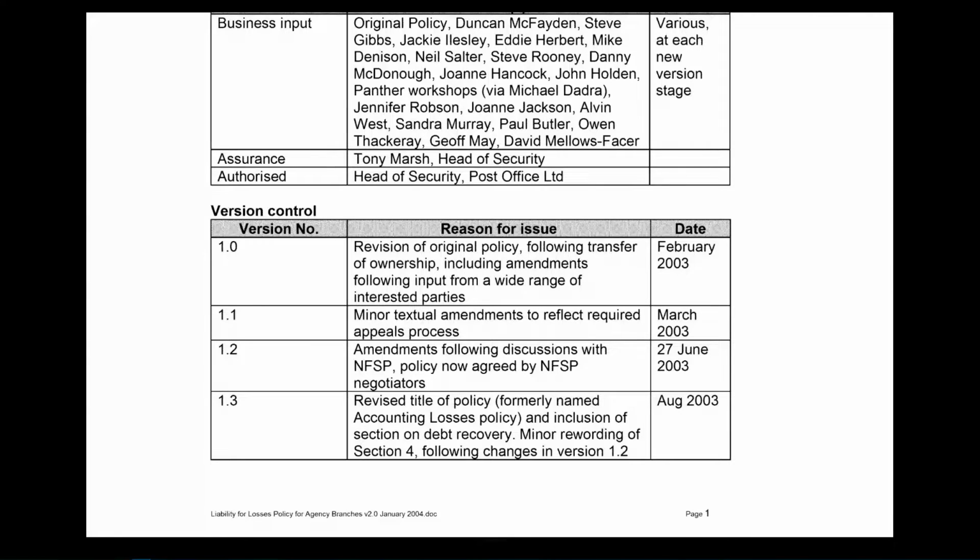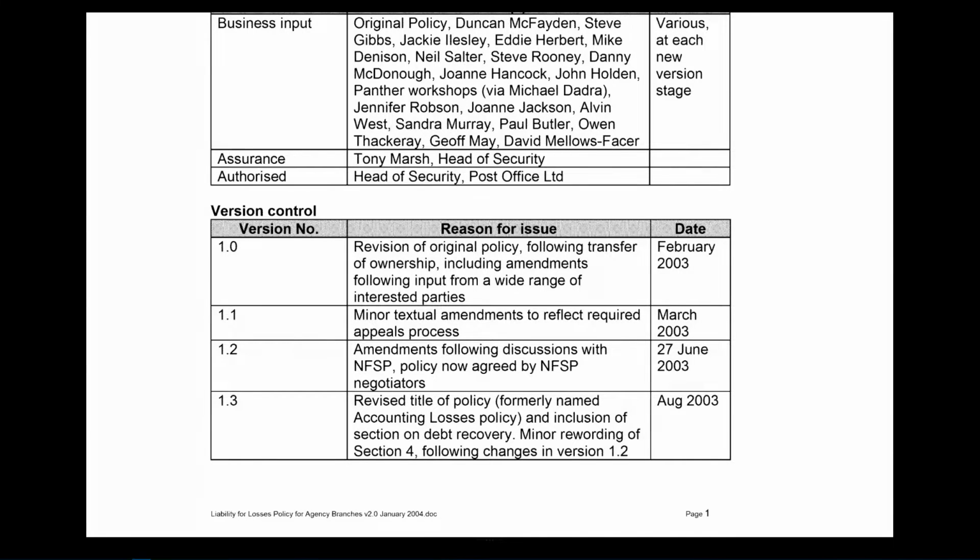And at this stage, you were audit and inspections manager, and that was, as you've explained, part of the security team. Yep. Version 1.2 there refers to amendments following discussions with the NFSP and the policy being agreed with the NFSP negotiators. Can you assist us with why it would be shared with the NFSP?